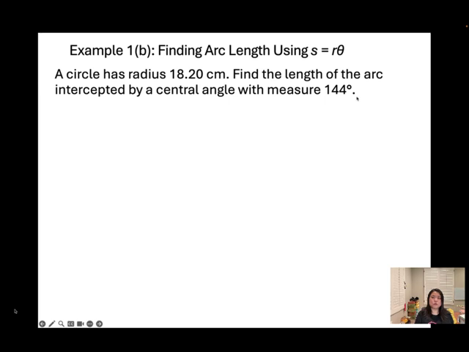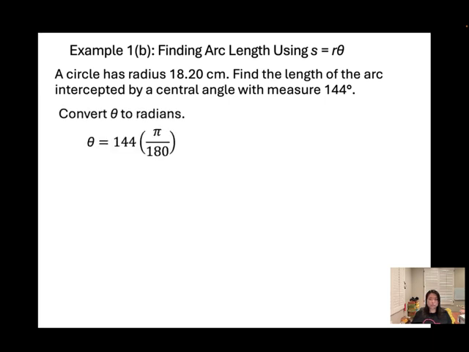What do you need to do first? You're going to convert 144 degrees into radians, so you multiply by pi over 180. You should get 4 pi over 5.